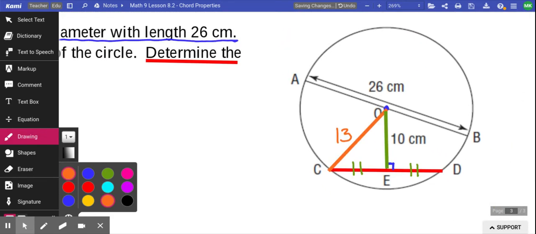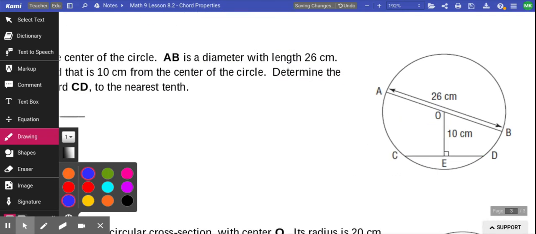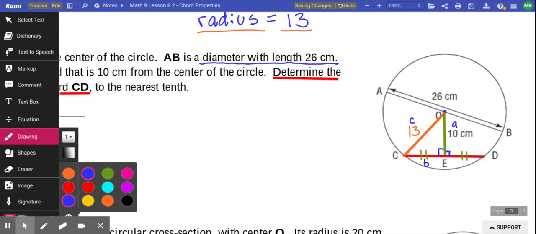So we're going to call this C because it's across from the 90 right here. We're going to call this A. We're going to say what we're looking for is B. So we're going to do C squared minus A squared equals B squared. That means 13 squared minus 10 squared equals B squared.